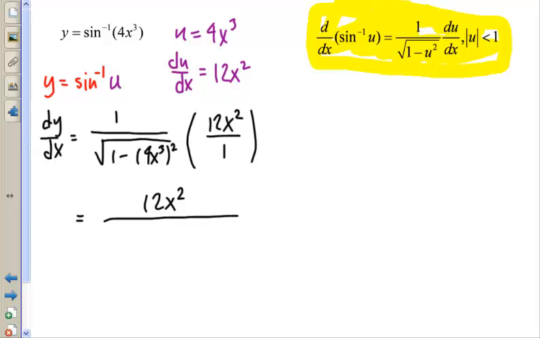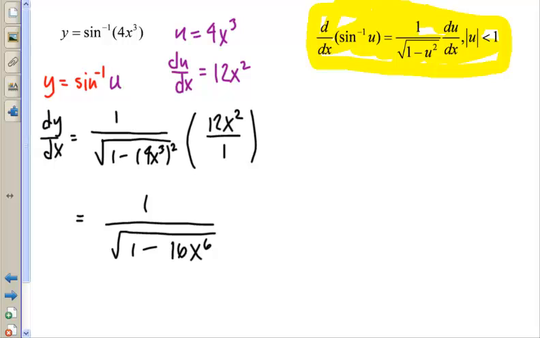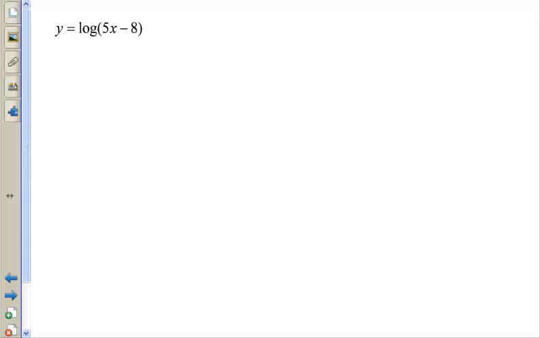And you end up with 12x squared over the square root of, yikes, 1 minus 16x to the 6th. And that's all there is to it.